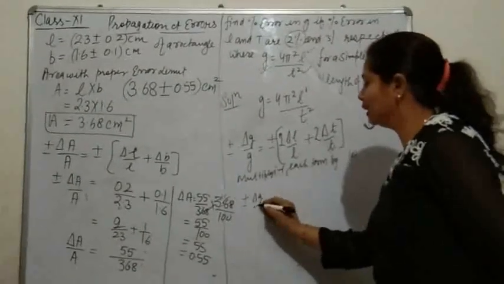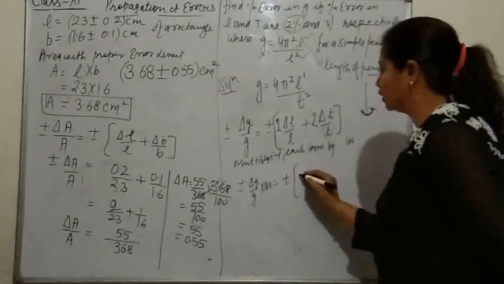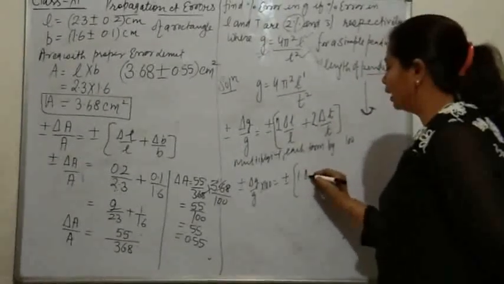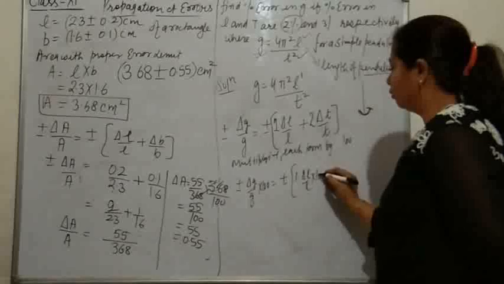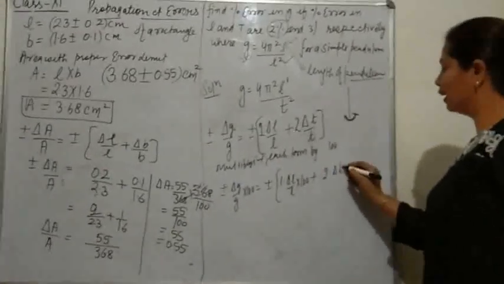Plus minus delta g by g into 100 is equal to plus minus 1 into delta L by L into 100, plus 2 into delta T by T into 100.